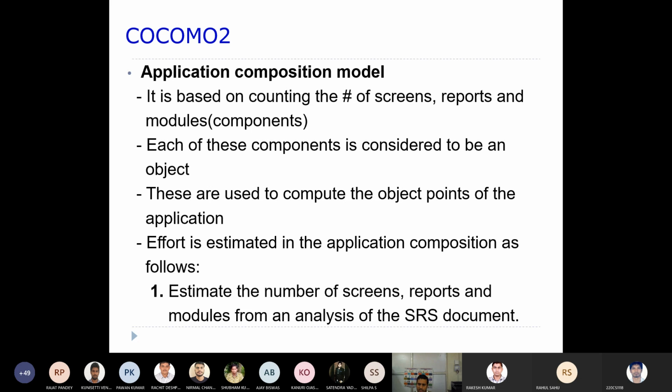After analyzing the SRS document, you first come up with a rough estimate of the number of screens required, the number of reports, and the number of modules. So the first step towards your effort estimation is this.